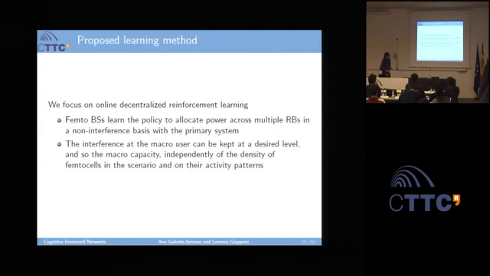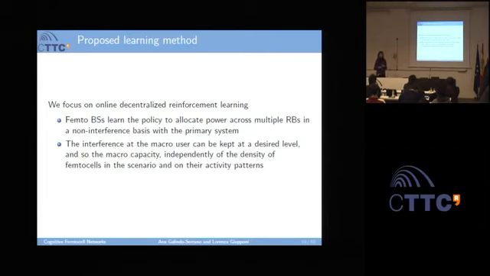So this is the problem we aim to solve. What we want to do is that each femto base station in the system be able to learn a policy to allocate power for each resource block in such a way that it will not interfere with the macrocell system.